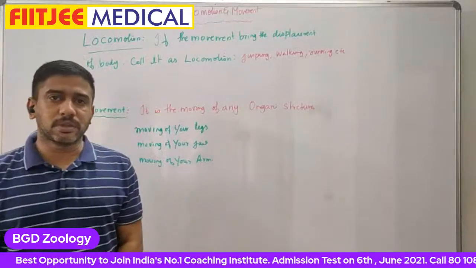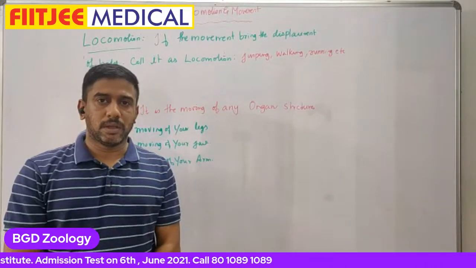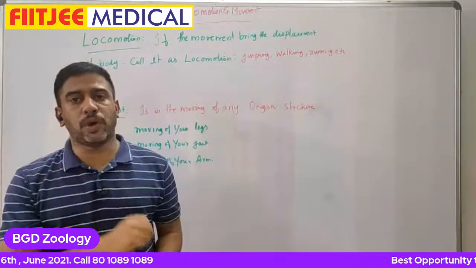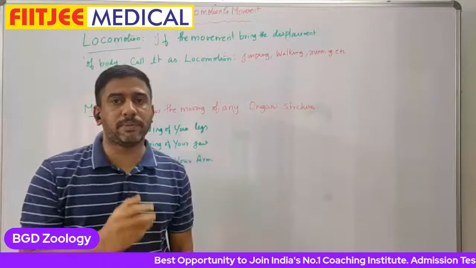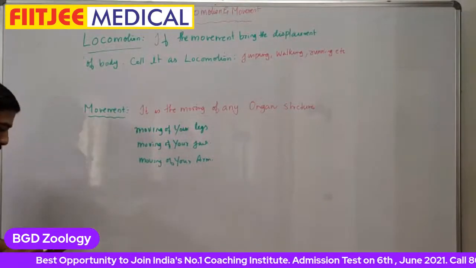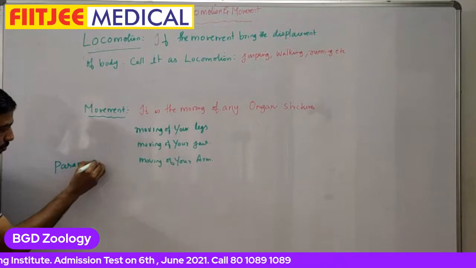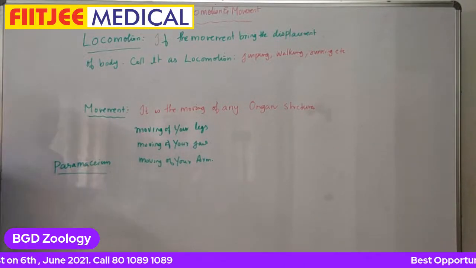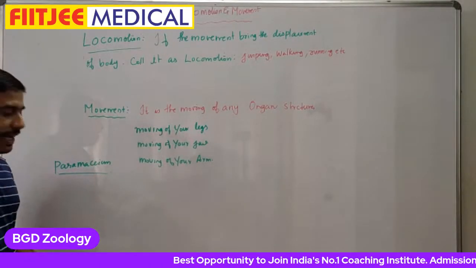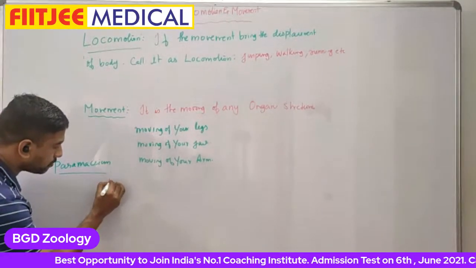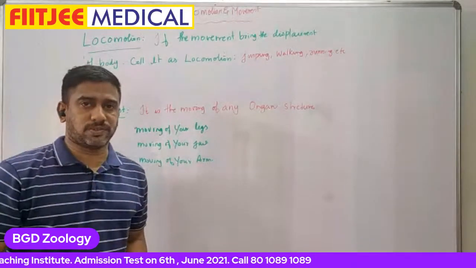Now just imagine some organisms, the lower level organisms. One structure may do two functions, both locomotion and movement. We can look into some examples. For example, take the paramecium. If you look at the paramecium body, you know that it contains a lot of cilia. These cilia do two functions.